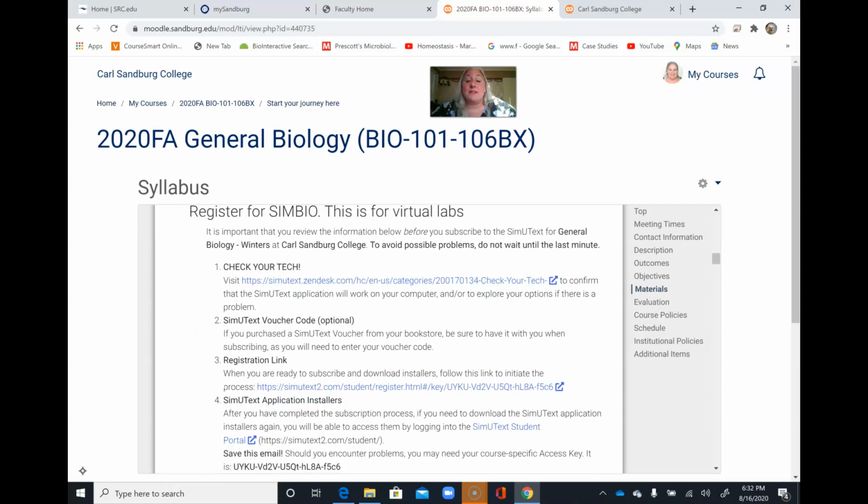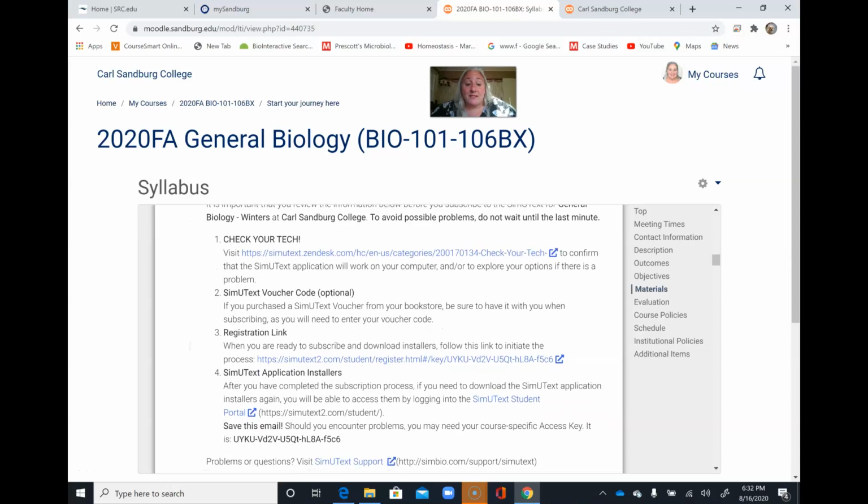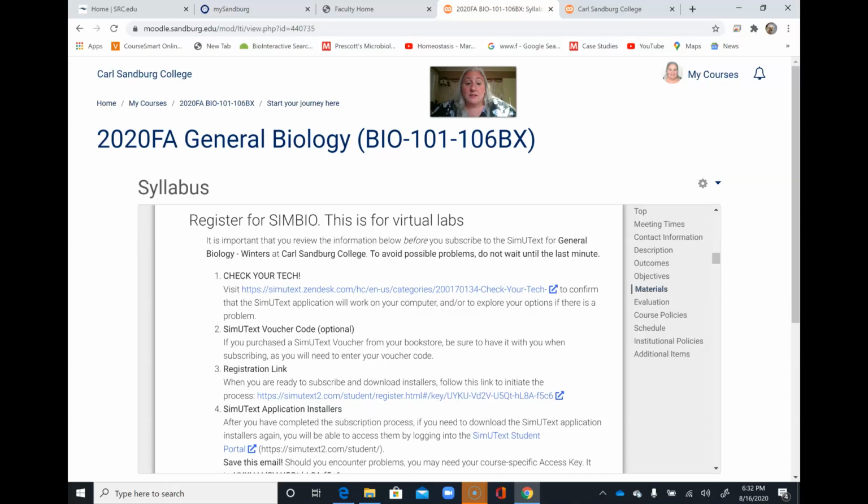And then you're going to be registering for Symbio, and I have the information on how to register right here. So not only does it walk you through the registration, but it also walks you through checking to make sure that your computer is compatible. So you need to make sure that you have a compatible computer for Symbio.